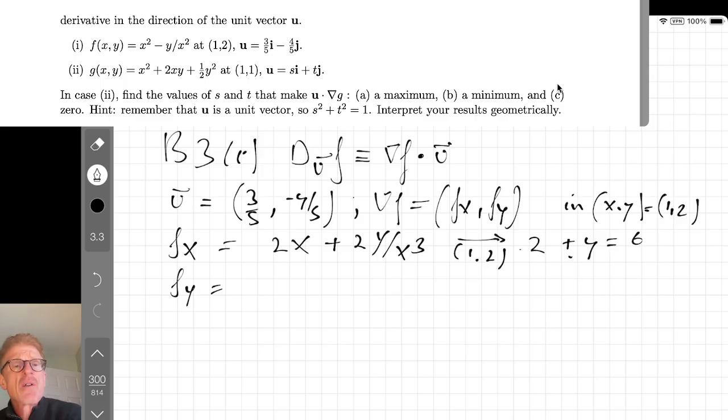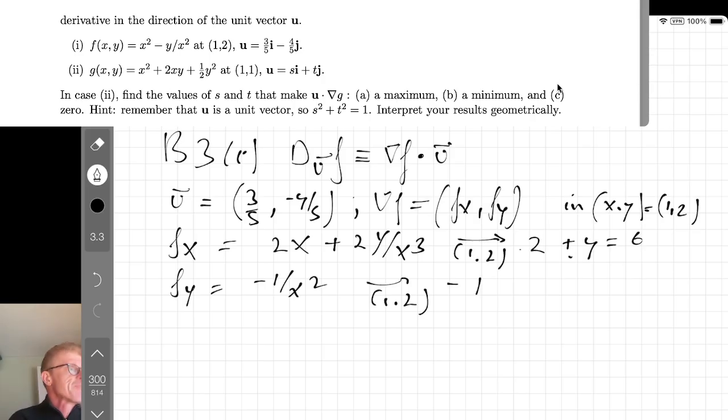Fy is, what is it? X squared is minus 1 over x squared. If you evaluate it at 1, 2, it's minus 1.